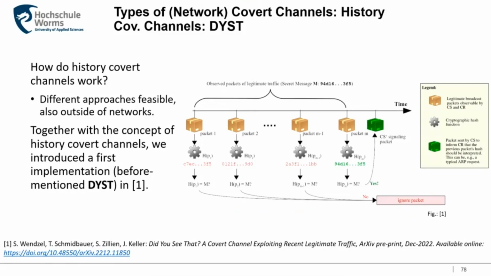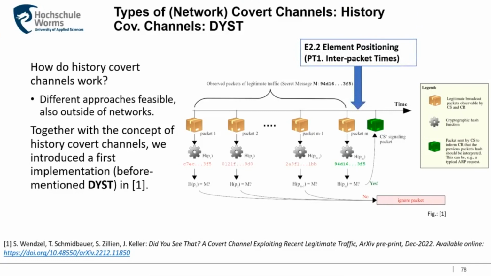But this prediction-based channel is still in progress. We are currently analyzing how well this can perform in the end. And in the end, this is of course an element positioning or inter-packet times pattern again that we exploit here. It's just a gap between the packets.